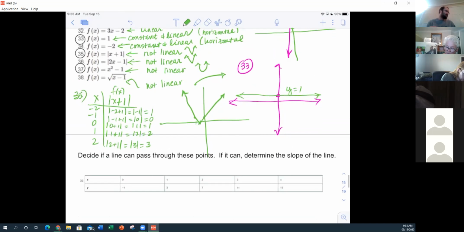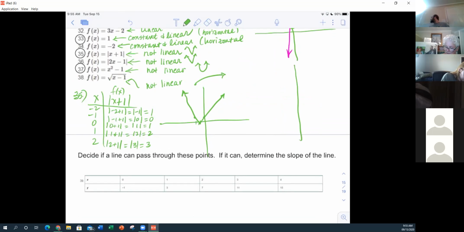Okay. So then the last one, number 37. We know it has to look like a U. So again, I'm going to pick some negative numbers, some positive numbers, and 0.